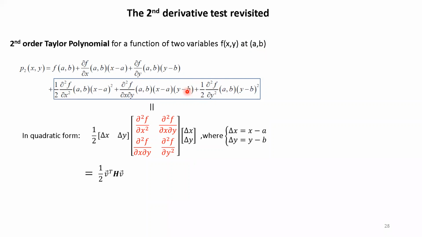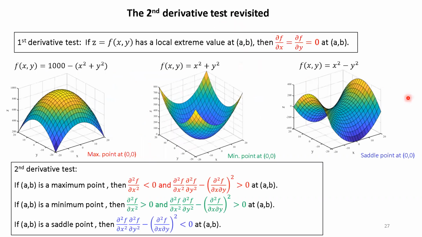Finally, the saddle point. The meaning of a saddle point is that it's neither a maximum nor a minimum. If you go from that point in some direction, you might be going uphill, having an increase in the function value.